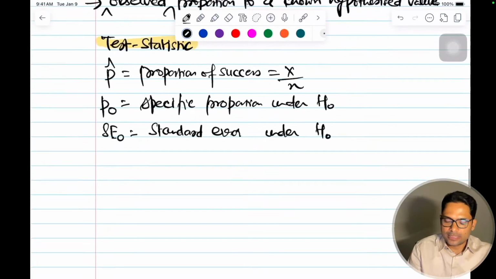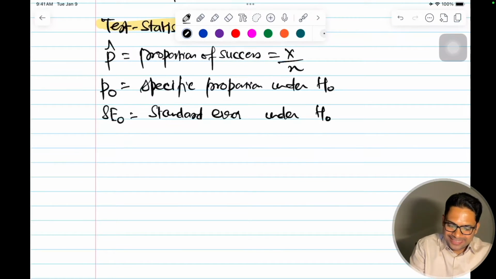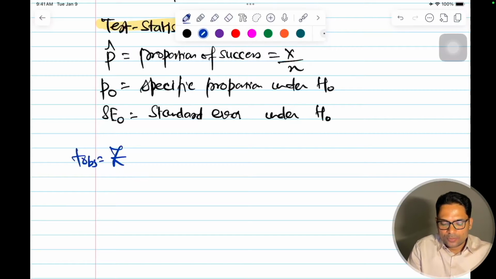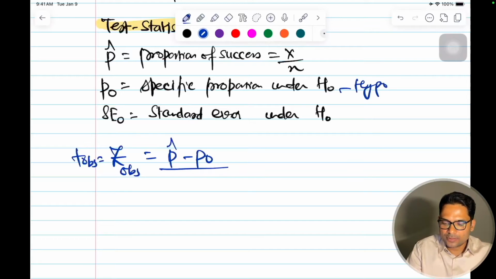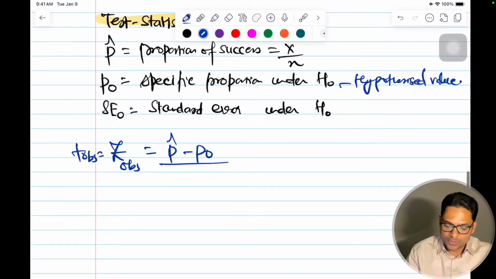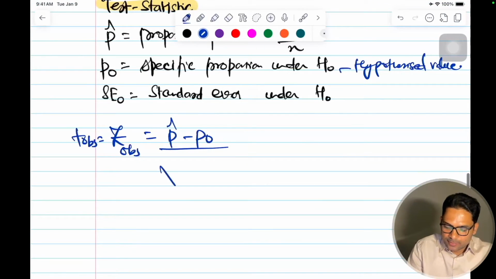And the z statistic. My z is defined as z observed, generally equal to the test statistic observed. This is the difference of the proportions: p hat minus p naught, the hypothesized value, divided by the standard error.